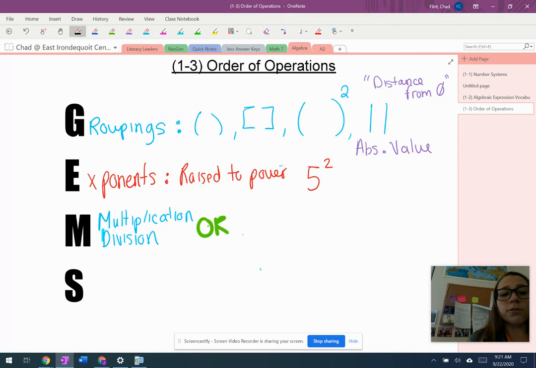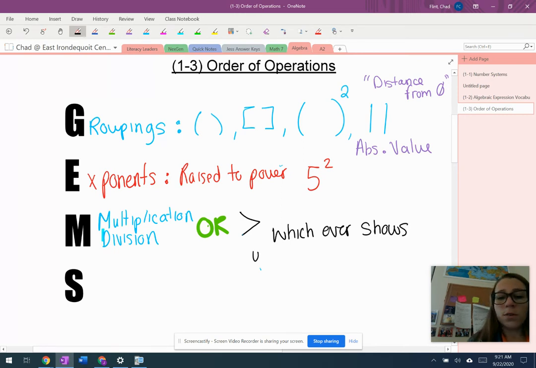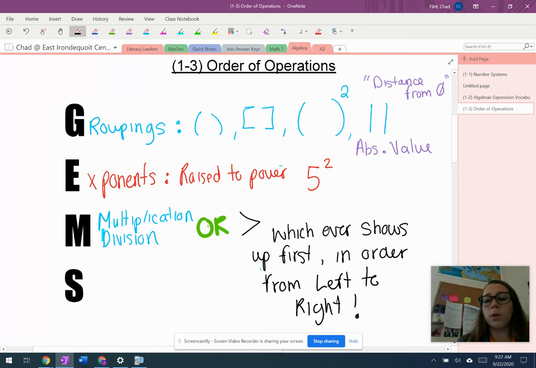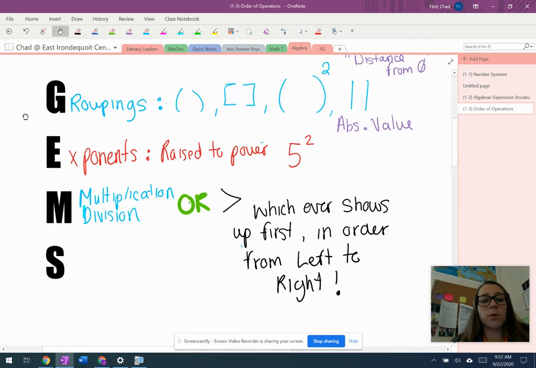Multiplication or division, keeping in mind that it is whichever shows up first in order from left to right. And you might be wondering why from left to right. Well, that's because that's the way we read. We read from left to right, so we wouldn't be going the other way.